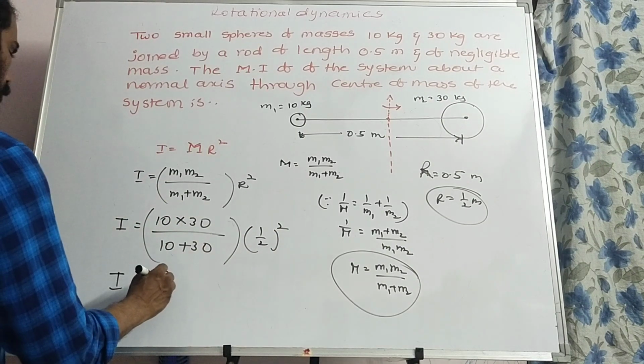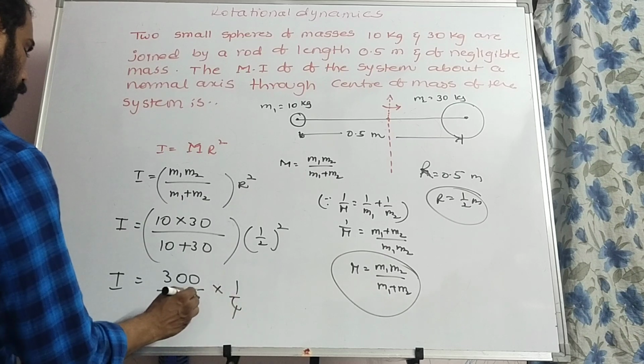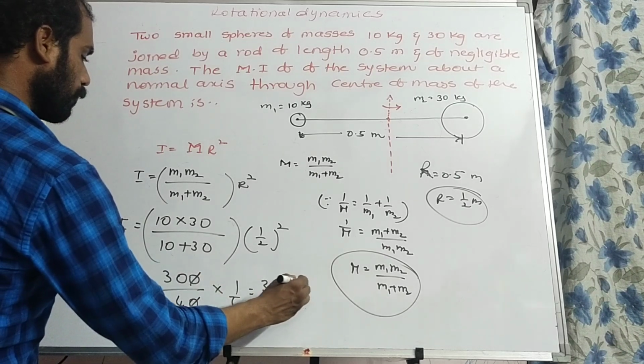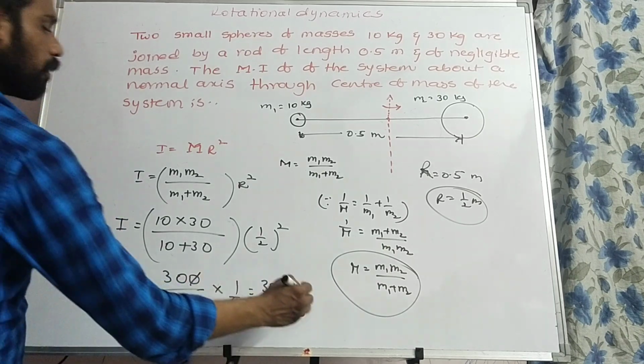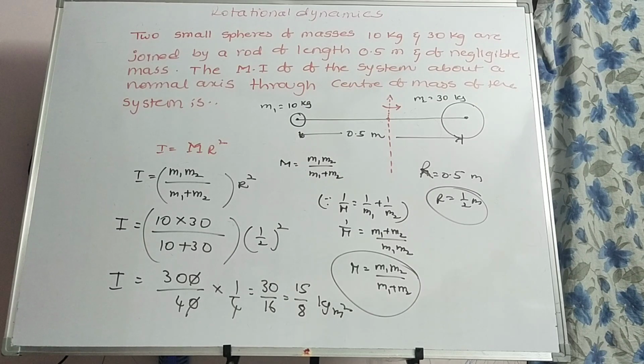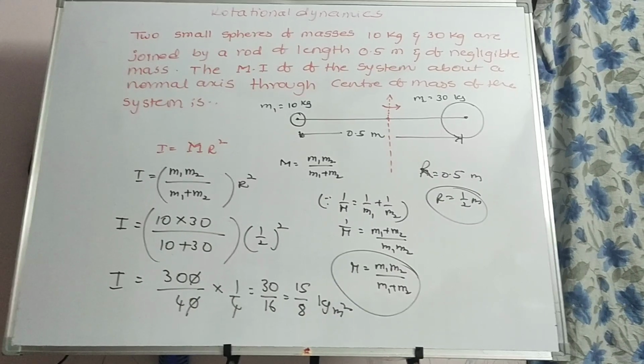So I is equal to 300 by 40 into 1 by 4. 0 gets cancelled. 30 by 16. So 15 by 8 kg meter square is the expression for that, the moment of inertia of the system about a normal axis through its center of mass.